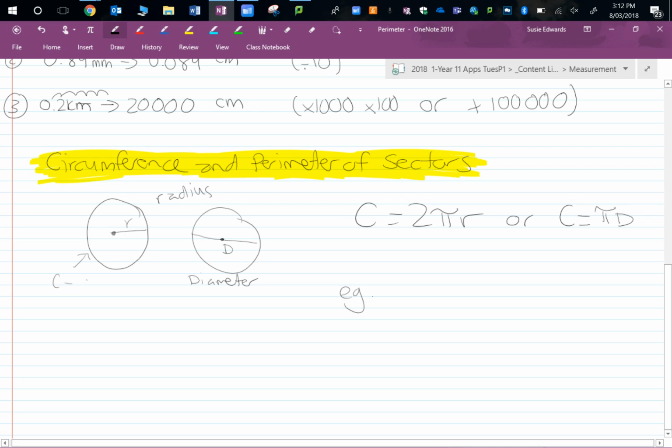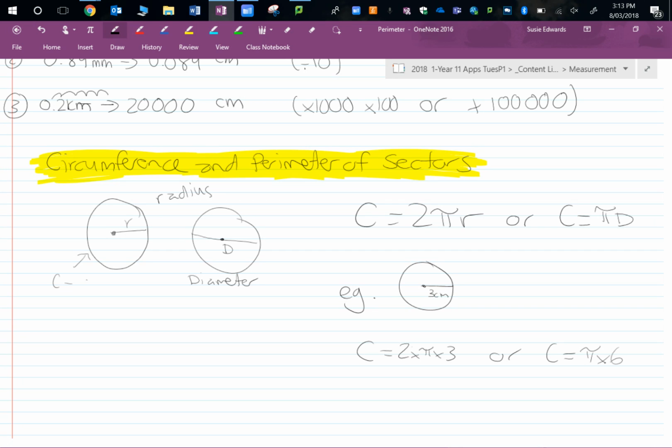All right, so quick example and then we're moving on. If I have this, I'm trying to find the circumference. I can either write circumference equals 2 times pi times 3, which is the radius, or I could write C equals 6 times pi, or pi times 6. They both mean the same thing, because 2 times 3 is 6.